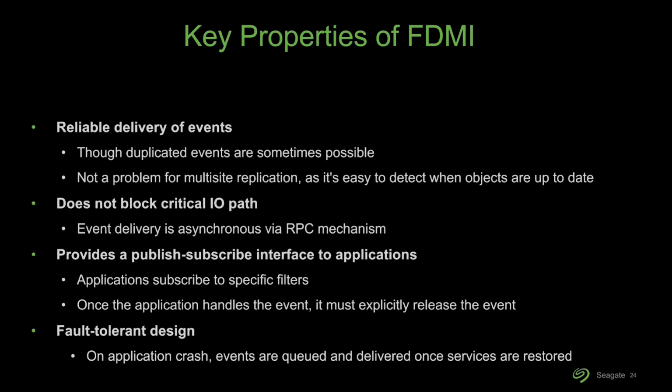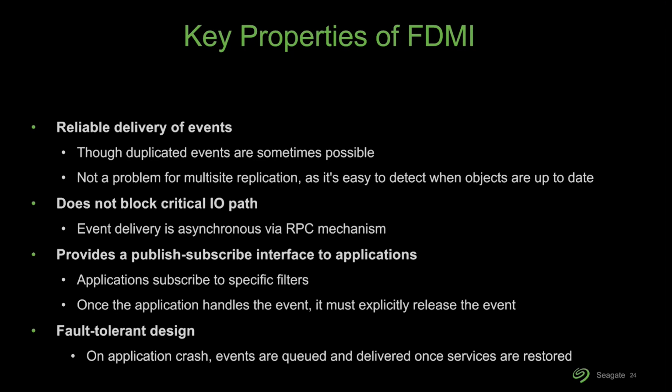It is possible to get duplicated events, but for replication, that's not an issue because we can just check if we already replicated an object or if it's up to date, so that's no problem. FDMI lies outside the critical I/O path, so there's a separate RPC mechanism that applications can connect to. The interface of FDMI is a publish-subscribe interface, so applications can listen on the particular filter that they registered for, and once they have finished handling that event, they explicitly release the event.